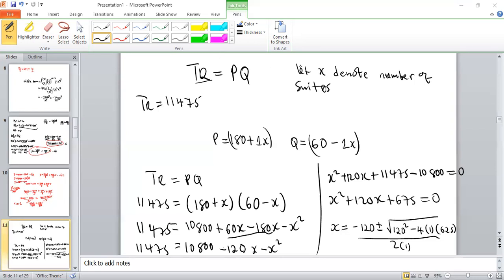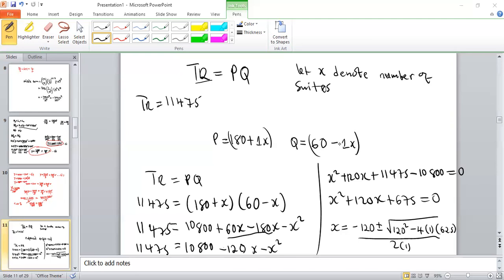Punch for me what's under the square root. 120 squared minus 4 times 675 is 11,900. That's the answer under the square root.